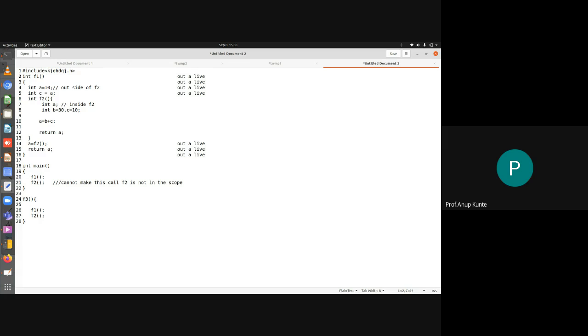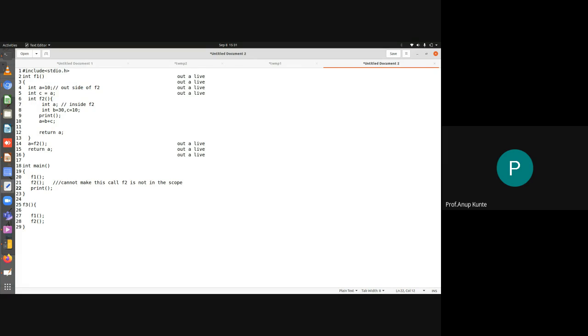So if this is, rather than random, say stdio.h, then I can actually use certain printf here because this declaration is global, it has a global scope. I can use it here, I can use it anywhere in any block in this particular file.